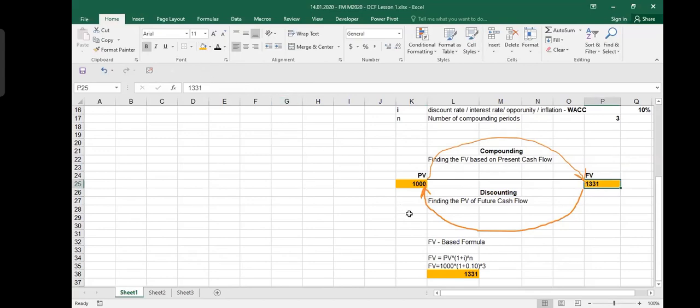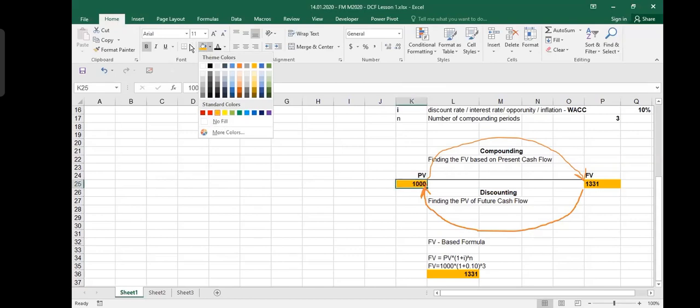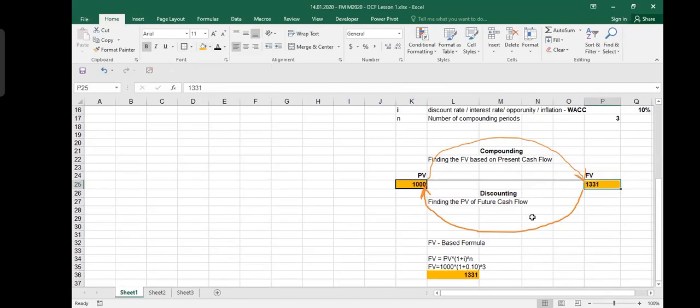In a very simple way of explanation, we can say that money loses value with time. $1,000 of today is actually equal to $1,331 of after 3 years, which means that what you can buy in $1,000 today, if the inflation or interest rate is 10%, you would be needing $1,331 after 3 years, because money is losing value with time.